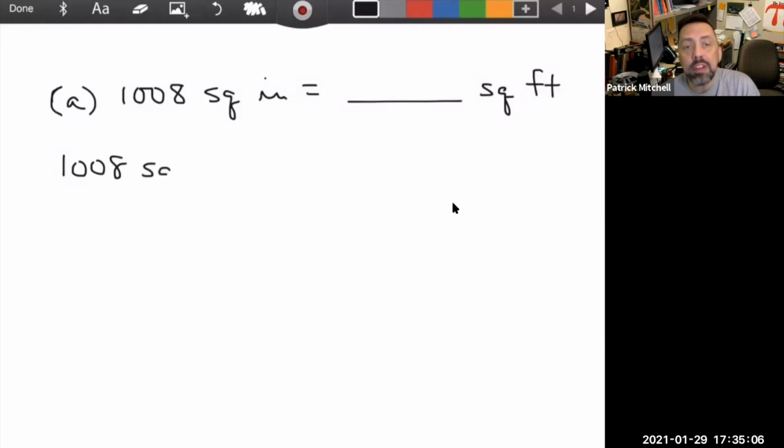And now remember, this is in the section on multiplying rational expressions. The reason it's in that section is because I am going to multiply 1,008 square inches by a form of 1. In fact, let me do this. I'm just going to say times 1. You don't have to write that step when you do this yourself.